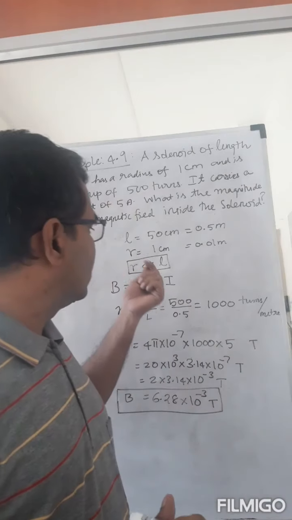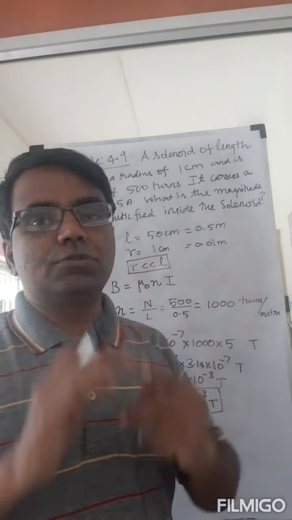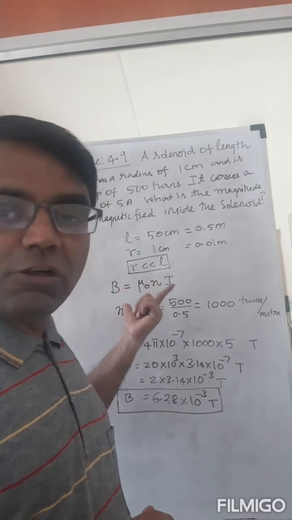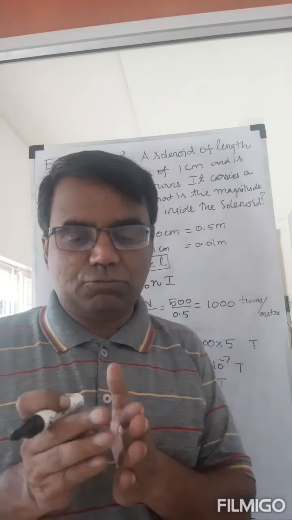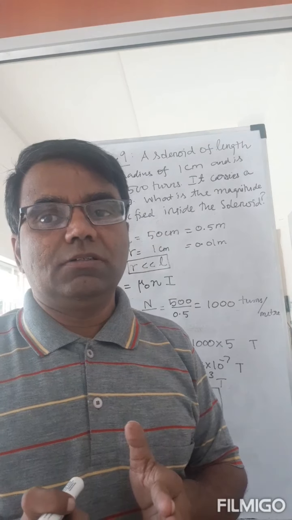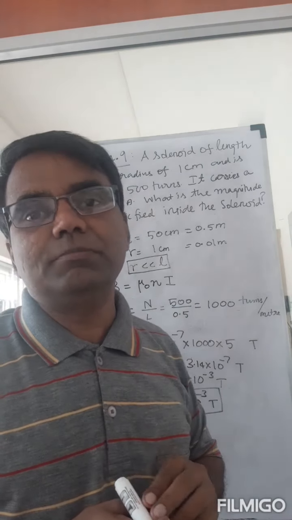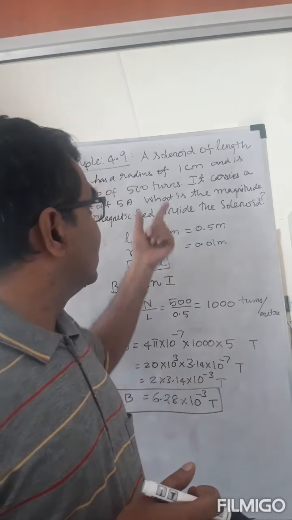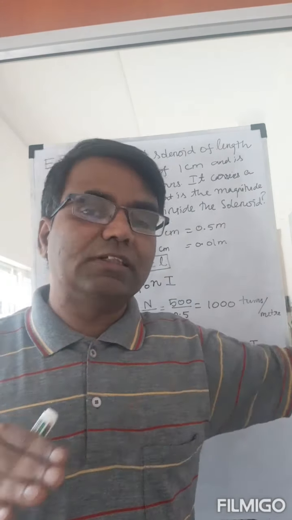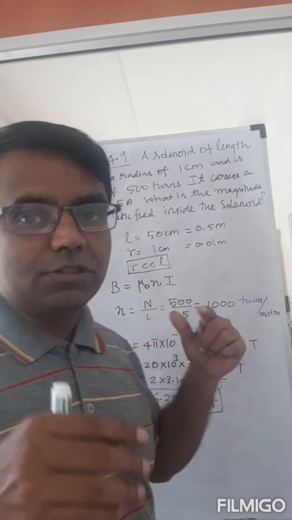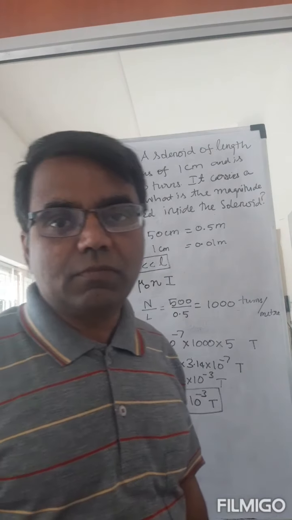If the radius is not negligible, or the radius is comparable to the length, then you cannot use this formula. For example, if the solenoid is only say 2 centimeters or 3 centimeters long, then clearly you cannot use this formula. But the solenoid has a length of 50 centimeters, so the length is much greater than the radius. So you can use the long solenoid formula. So we have just done that. Hope it's clear to you.